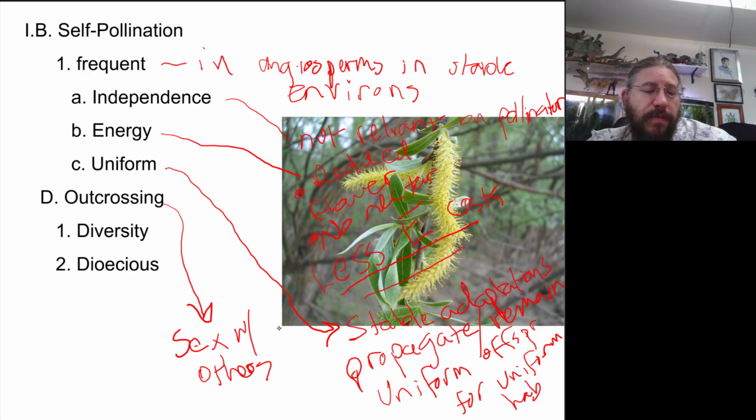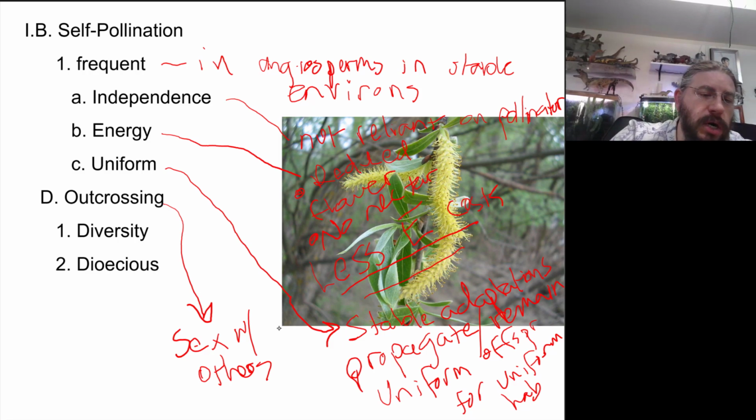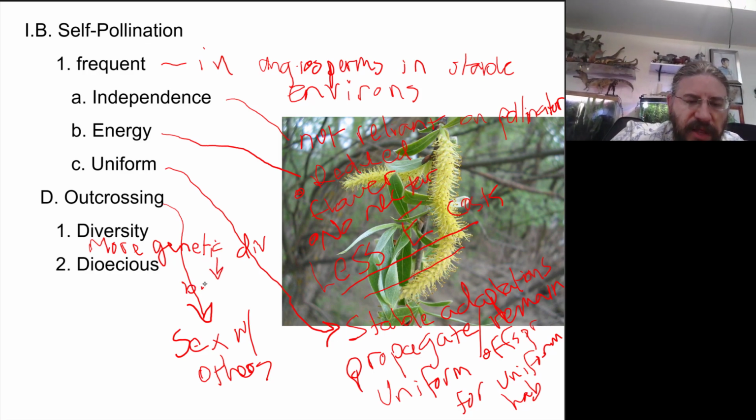And the big advantage of outcrossing is it promotes diversity, right? You can get larger diversity of phenotypes, more genetic diversity, which is shorthand for better adaptability.